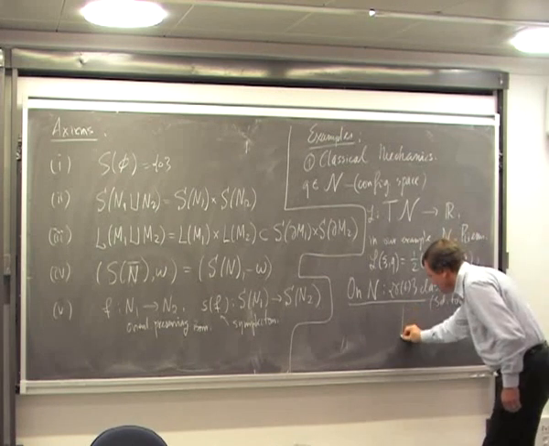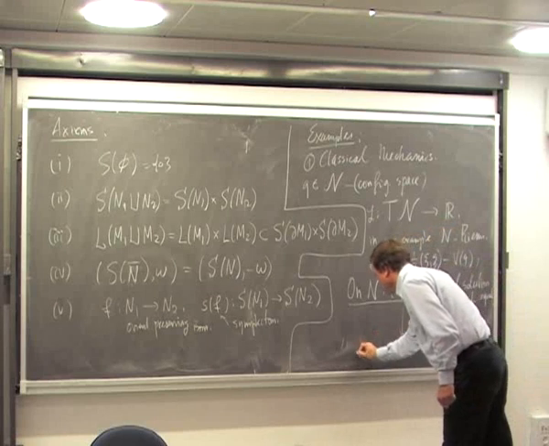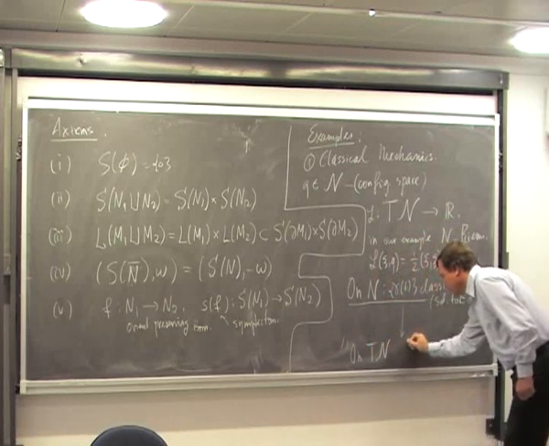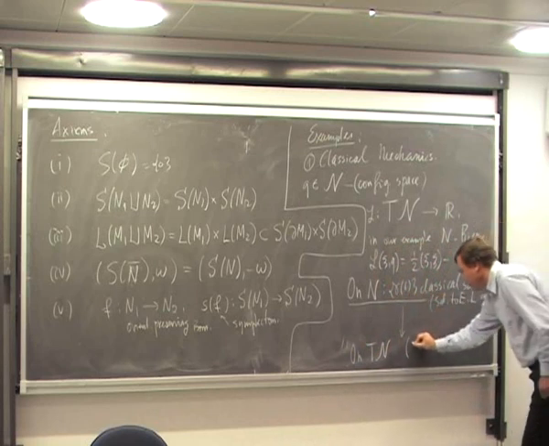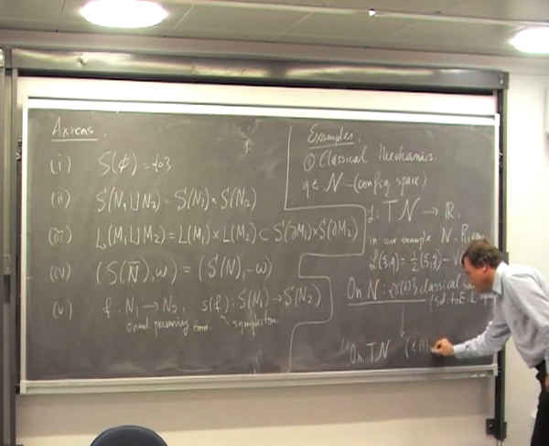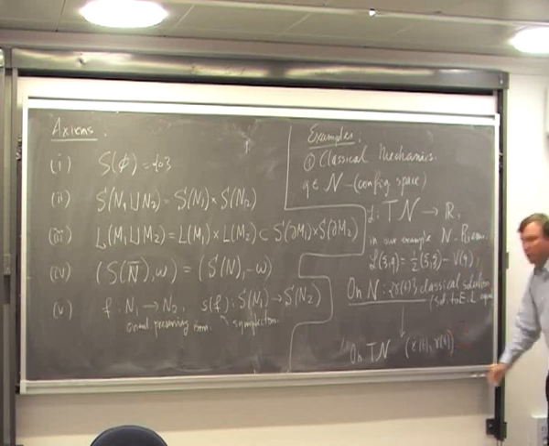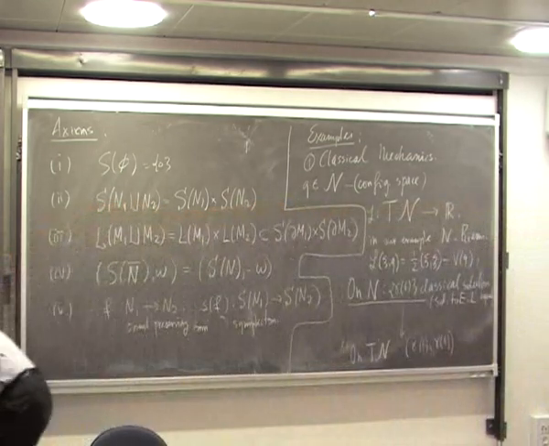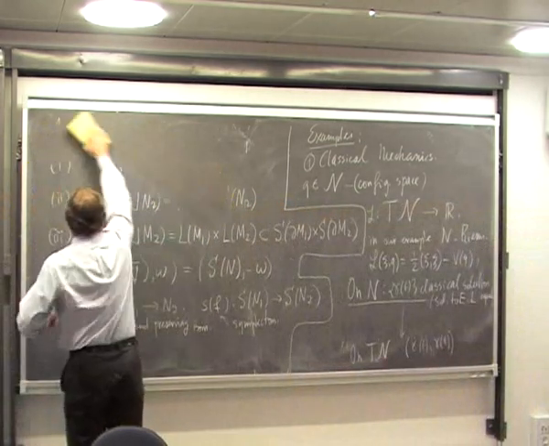Then, of course, you can lift them to the tangent space simply by mapping gamma to the path (gamma dot of t, gamma of t). Gamma dot of t is a natural tangent vector at any point t.